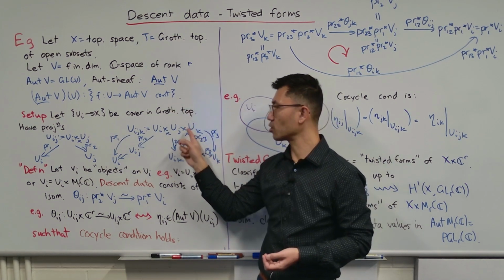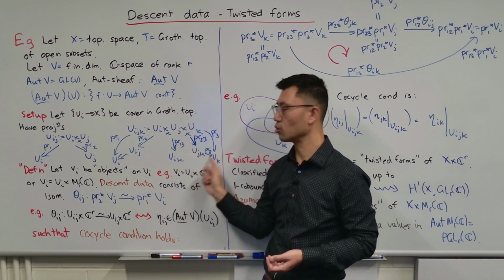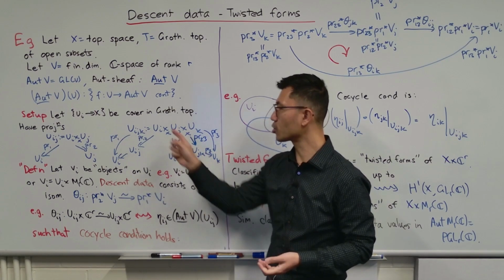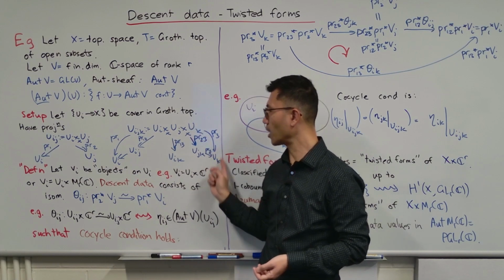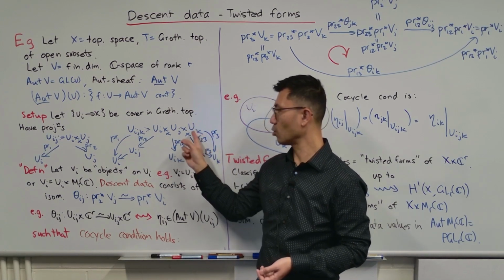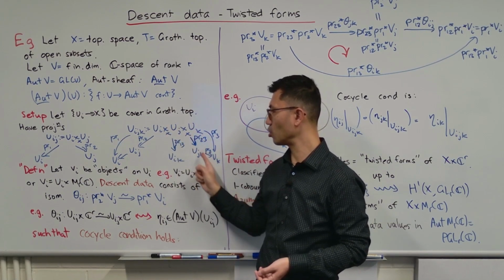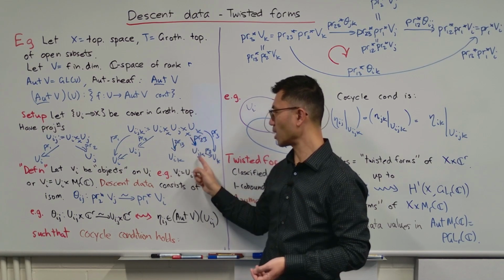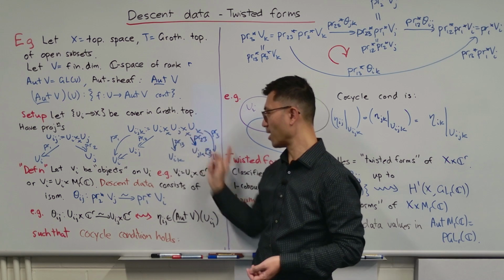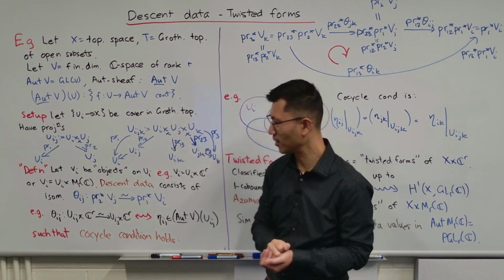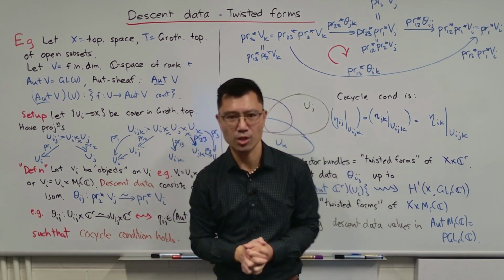And you can also project onto the last two via projection 2,3 to U_jk. You can also project onto each of these individually. For example, if you project onto U_k, that's projection 3, which you can also get by projecting firstly onto the last two, and then onto the second of those ones. And I guess you can also project onto the first and the last one, and then the last one. So there are various ways you can go around. So that's what you have.